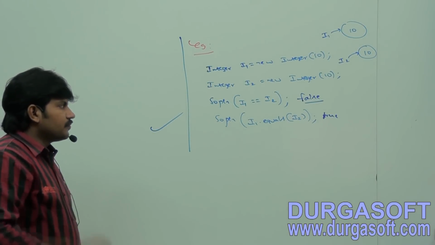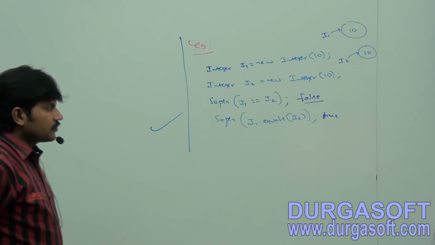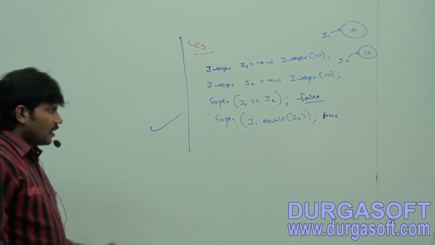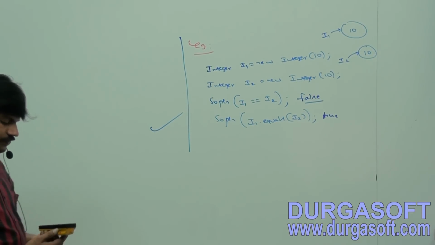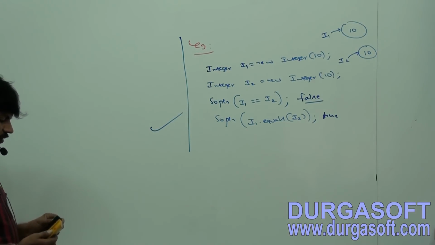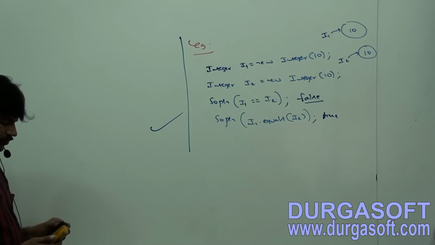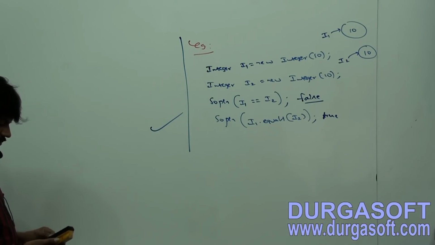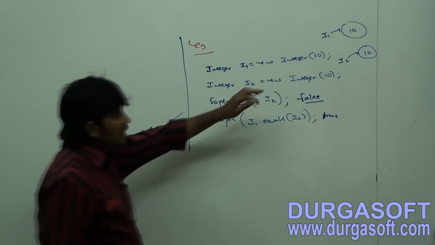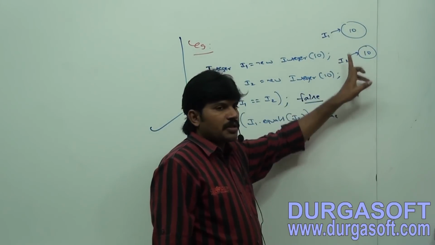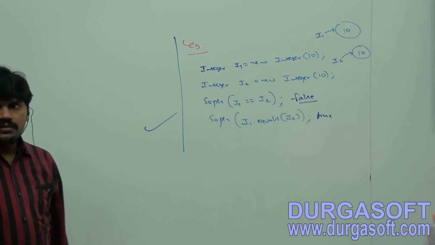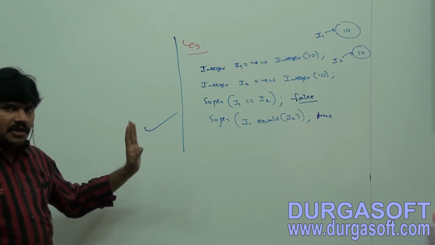SOP of I1 double equal to I2: the answer we are going to get is false. I1 dot equals of I2: the answer is true. Better to take these diagrams also. I1 points to this object, I2 points to another object. Completed, right? Not required to keep any explanation.